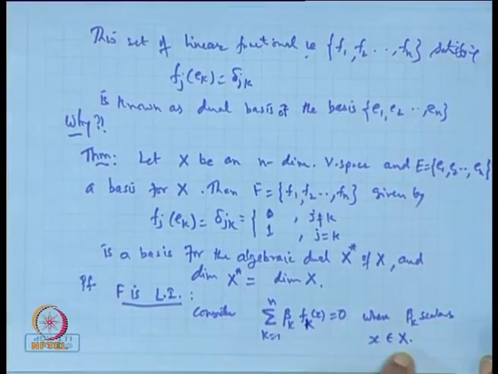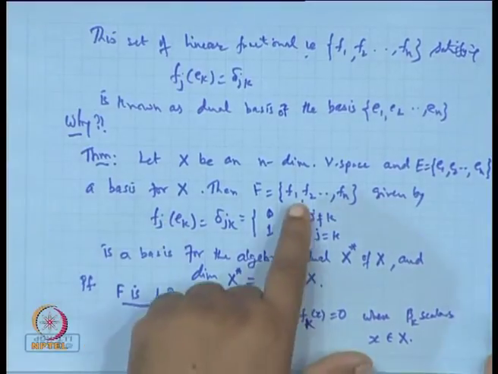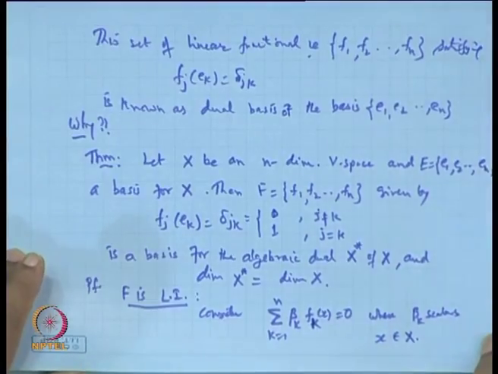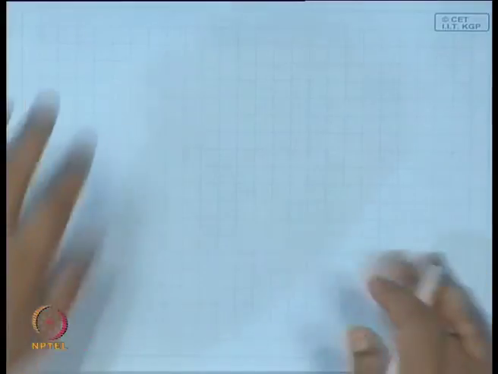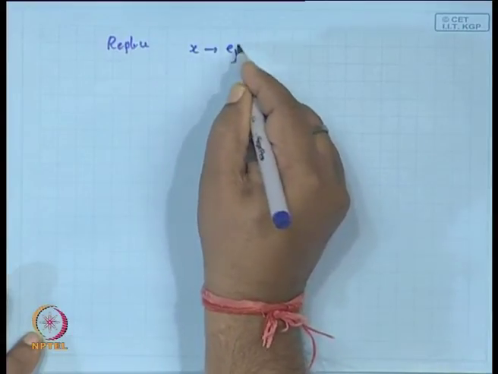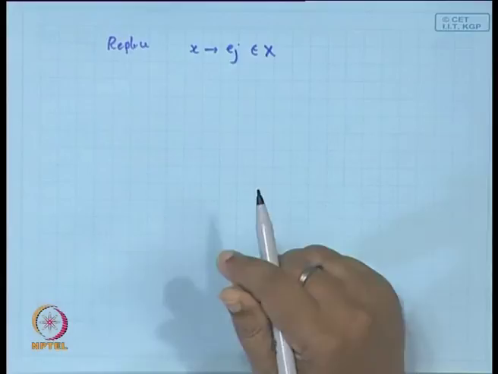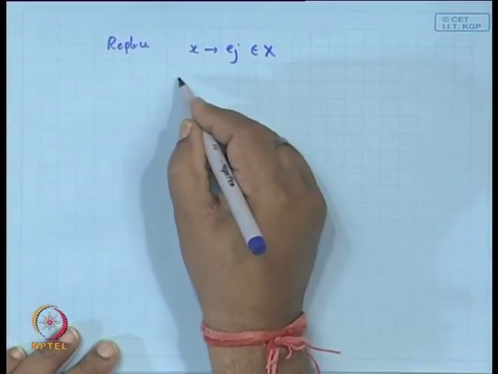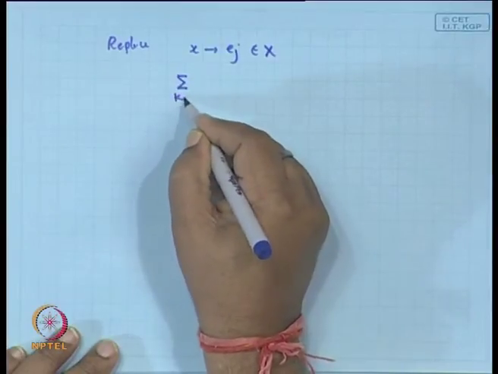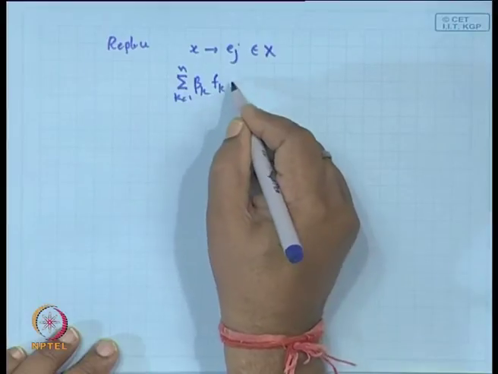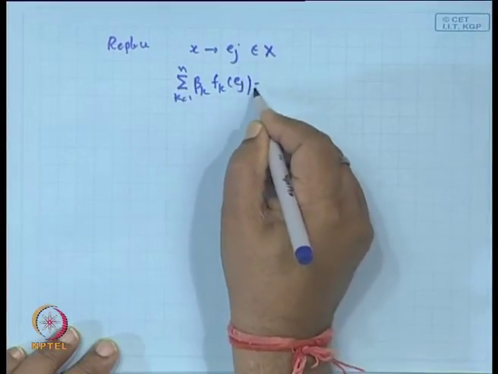Now, since x is an element of X, x can take any value E1, E2, En, these are the basis elements of X. So, replace x by Ej, which is also an element of X. So, what we get from here is sigma k equal to 1 to n beta k f k Ej equal to 0.